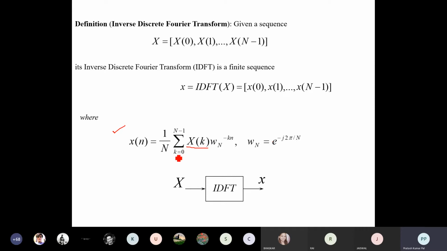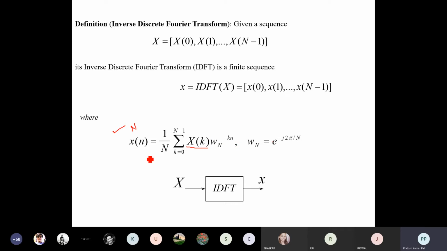So instead of n, k will be varying from 0 to N minus 1 again, because if N is the number of samples in x of n, then X of k will also have the same number of samples. Okay, and it also has multiplication by the twiddle factor to the power minus kn.